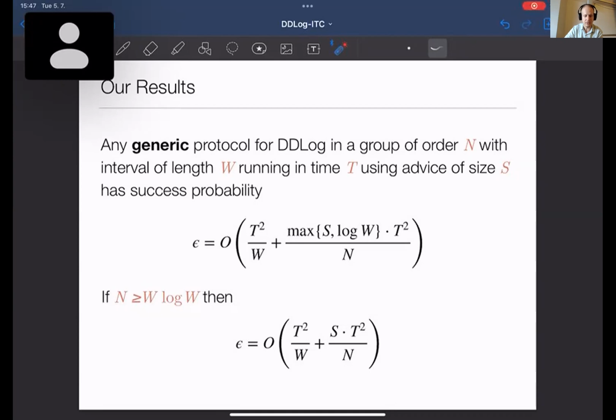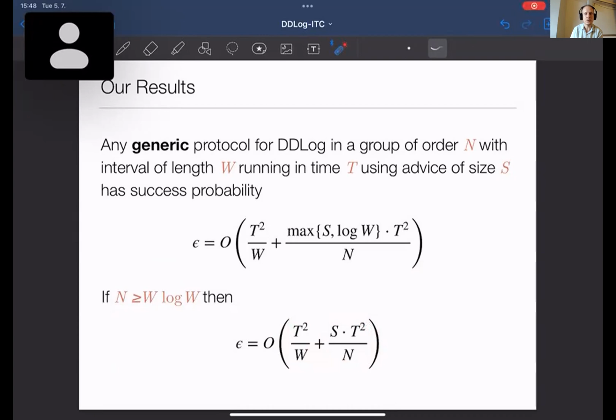If the interval is somewhat small, so if w times log w is smaller than n, then the above expression simplifies significantly, and we just get a term that depends on w and t squared, and something that depends only on s, t and the size of the group.